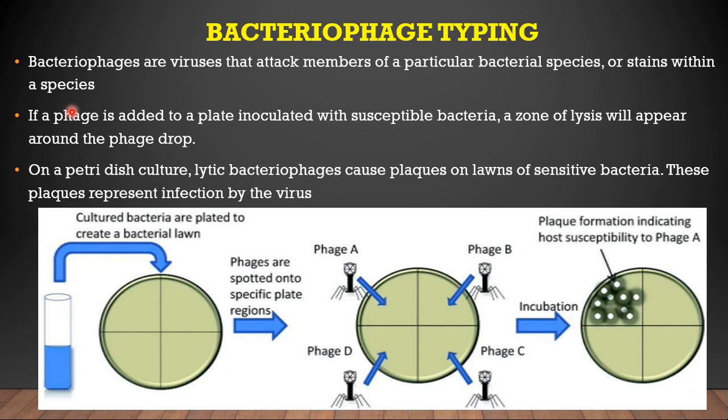On a petri dish culture, if you are going to infect a bacteria and cause lysis, here is a petri dish which is going to be a lawn of the bacterial culture.